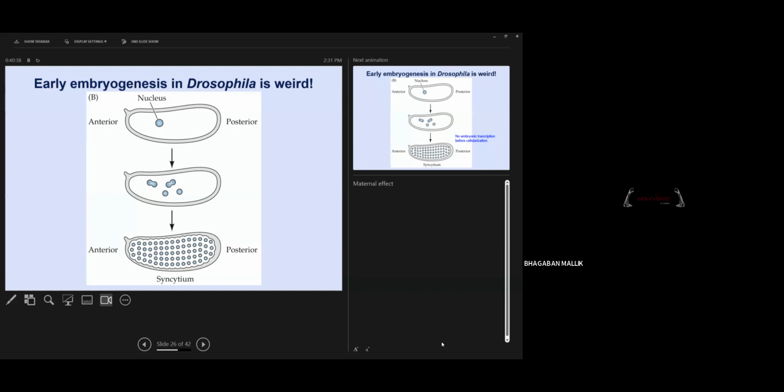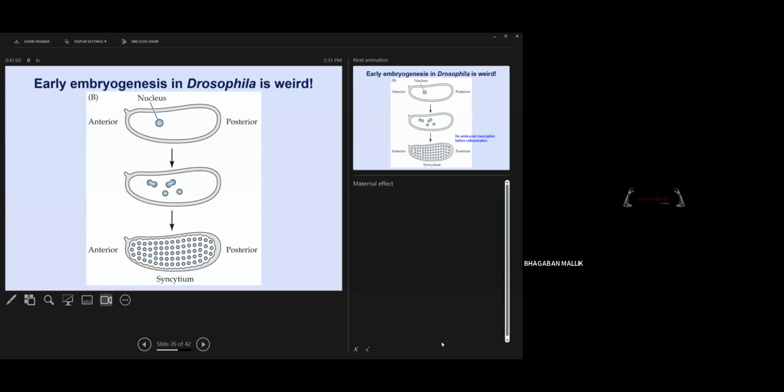So this is the first step of embryo development in Drosophila, and you have the nucleus. After fusion, the male nucleus fuses with the female nucleus and forms a single nucleus. Then it divides into 2 nuclei, 4 nuclei, 6 nuclei, like that.